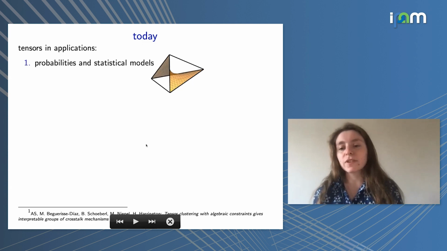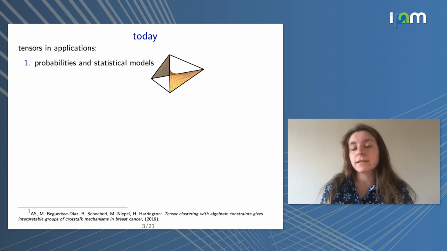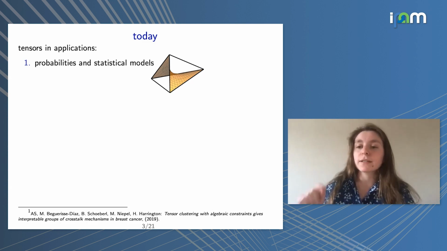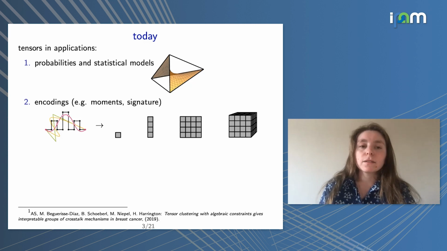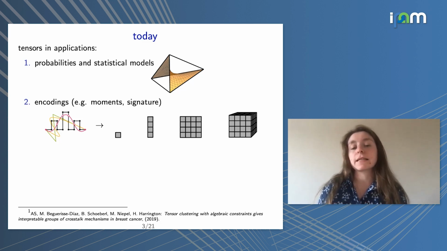All right, so the first setting that I'll talk about is looking at probabilities and statistical models. So settings where it makes sense to consider tensors of probabilities, where each entry is a certain probability. I'll then discuss some situations where we can encode data in a tensor.